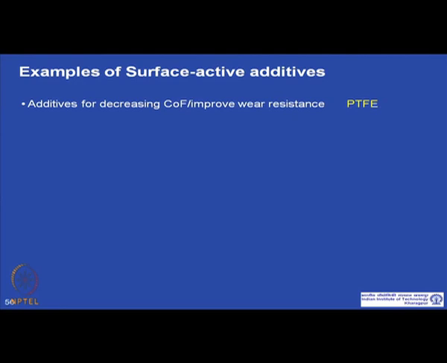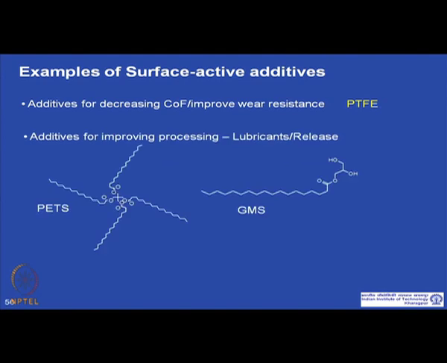Because of the low surface energy, it migrates to the surface during processing, and the coefficient of friction of these fluorinated polymers is very low. So, they form a lubricating layer on the base polymer surface and improve the wear resistance.